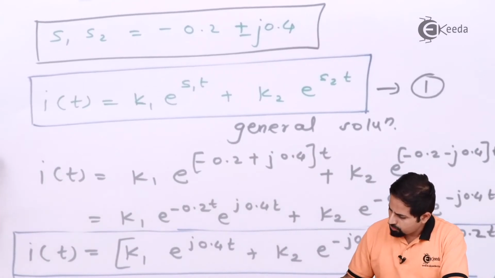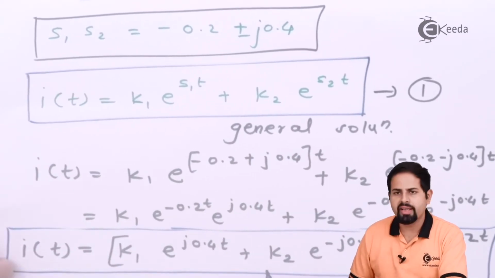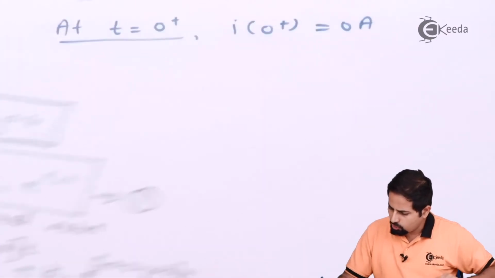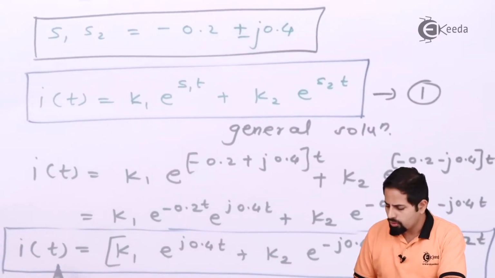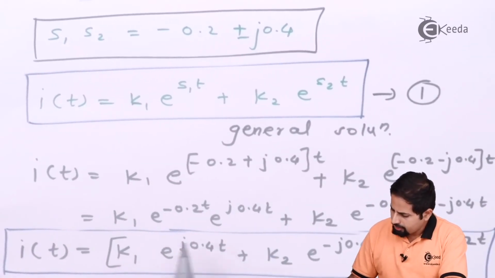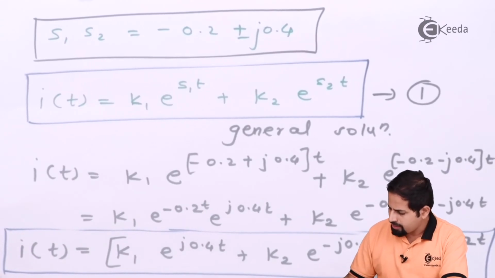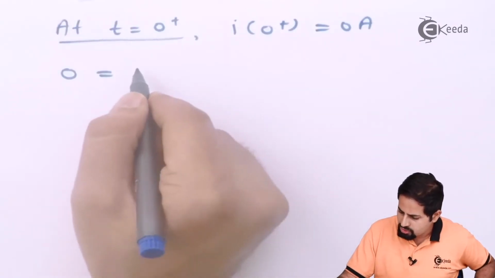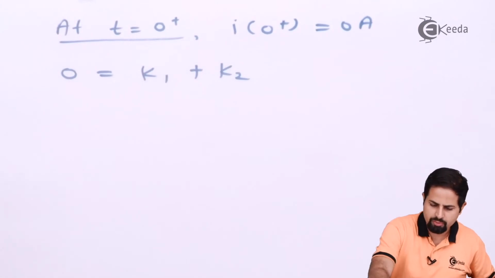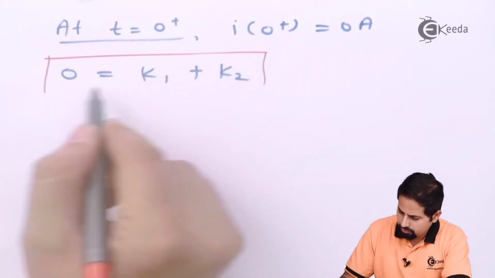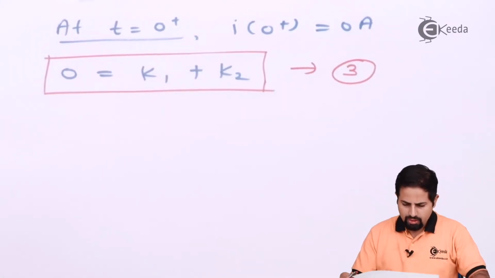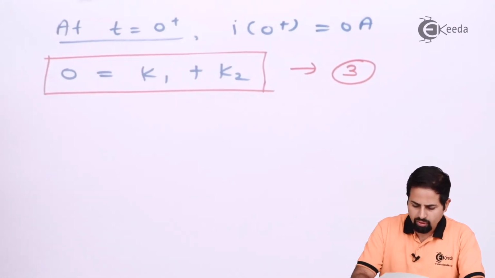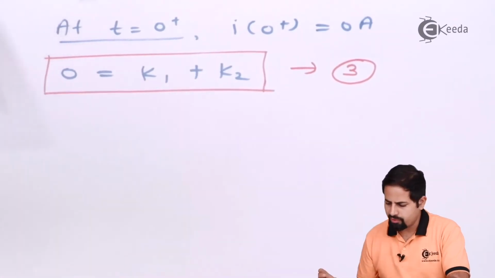So just put t equal to 0, everything will become 1 because e raised to 0 is 1, and then I will have 0 equal to k1 plus k2. So 0 equal to k1 plus k2. This is our equation number, let's say 3. Now one equation will not give a solution, so we will differentiate this equation.